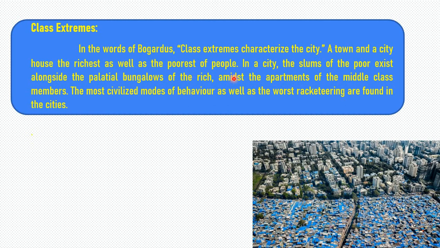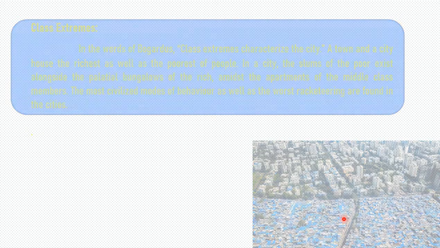In cities, the slums of the people exist, whereas you could also find rich people on one side and poor people on the other side. There are chances of the most civilized modes of behavior seen, as well as the worst racketeering found in the city. So both extremes are possible in an urban setting.